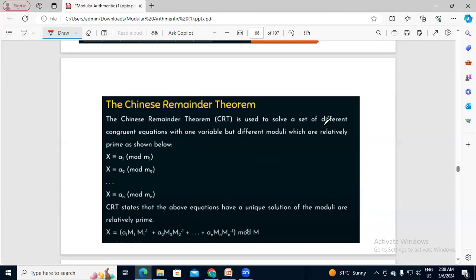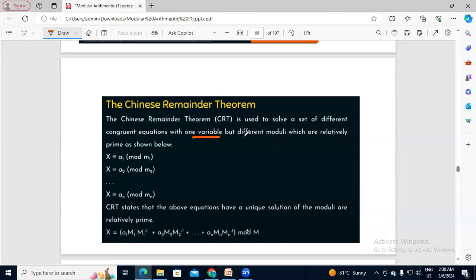In a similar way, the Chinese remainder theorem is used to solve a set of different congruent equations, like what we are discussing in modular arithmetic. Here you will get congruent equations, not normal equations. So CRT will be useful in this case.